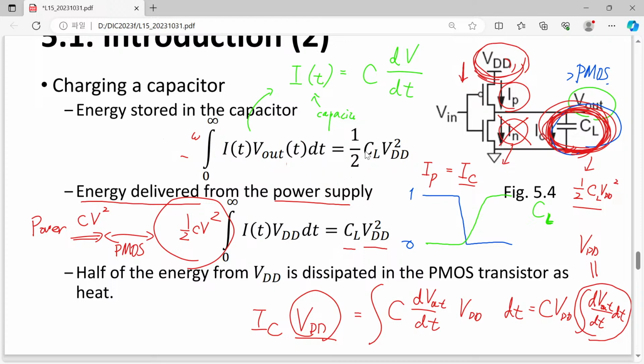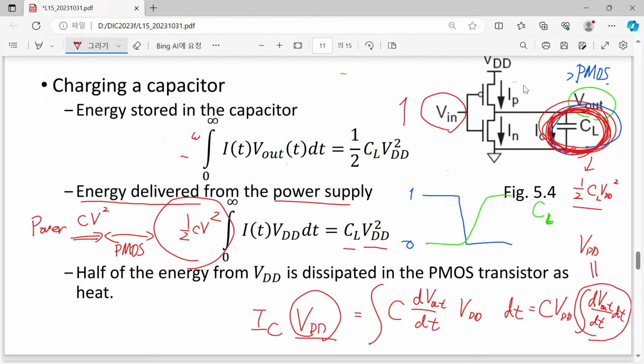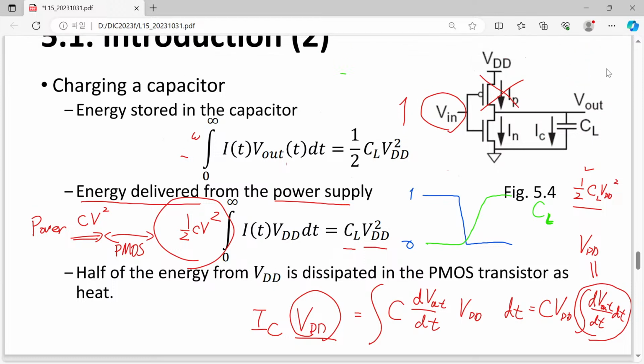After that, of course, the signal always goes up and down, so now let's consider the discharging phase. In this discharging phase, what happens? Now our input voltage is equal to 1, so our PMOSFET is completely turned off, and initially we have a fully charged capacitor.